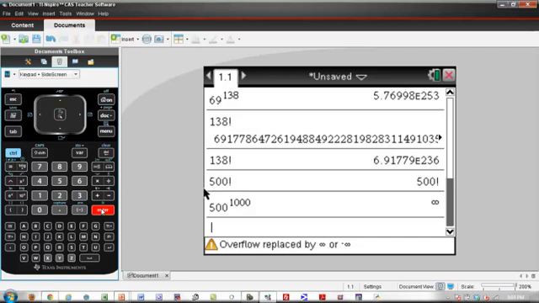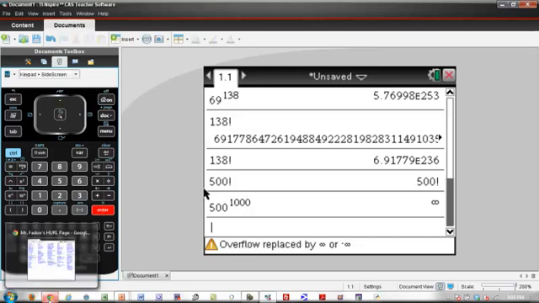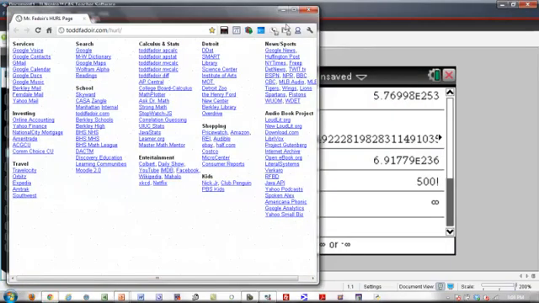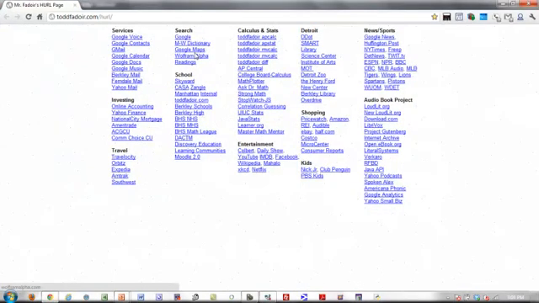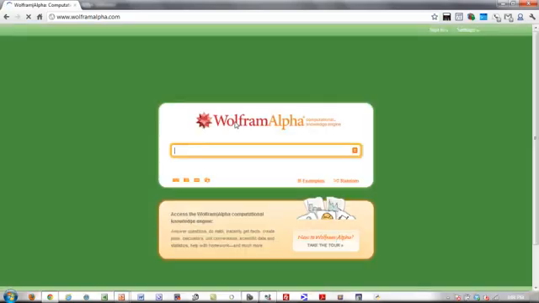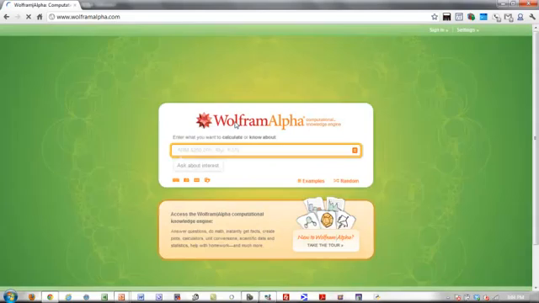We did that in the other class. When that overflowed, we went to Wolfram Alpha, and Wolfram Alpha never overflowed. Really? Well, they're running on big servers.